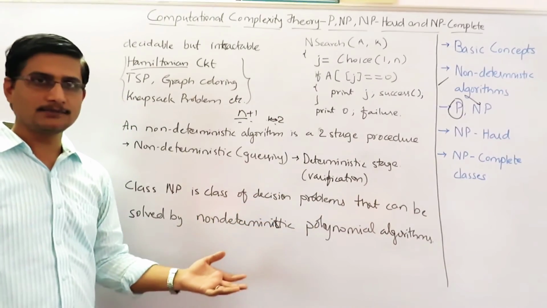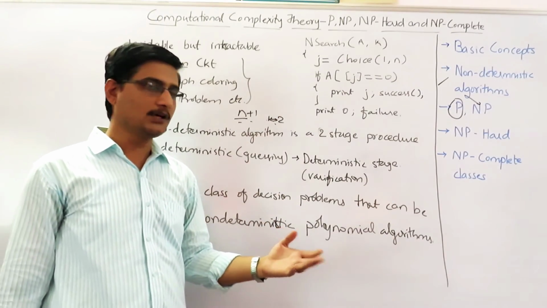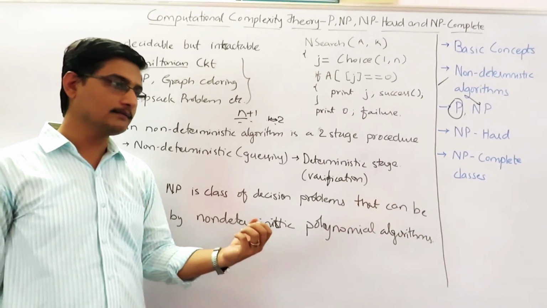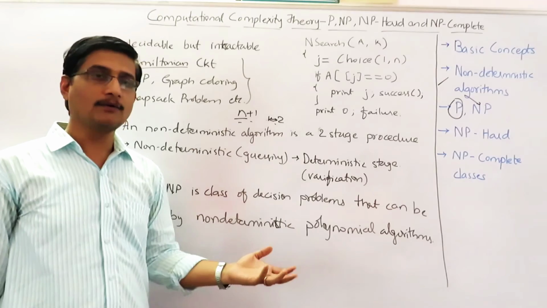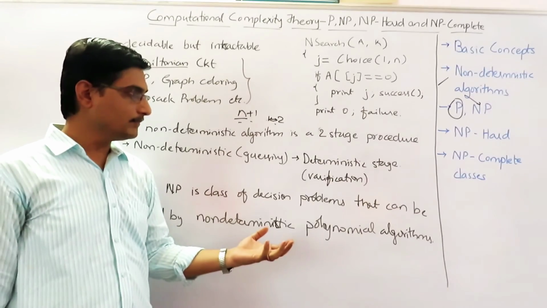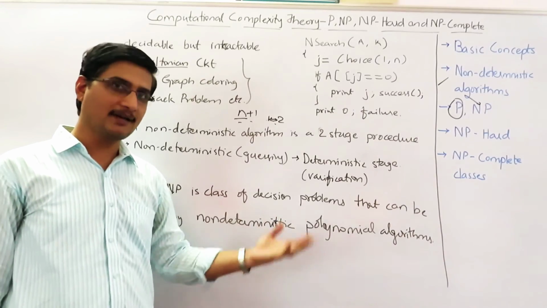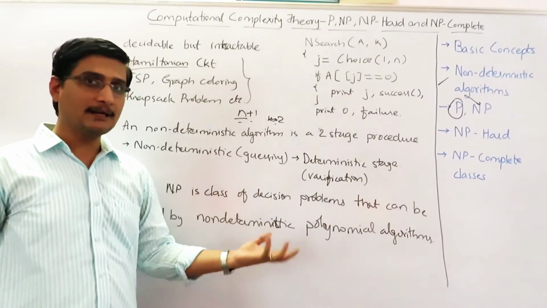All the algorithms we have discussed, like merge sort and quick sort, were not known earlier. Once they started thinking about them they were non-deterministic algorithms, then they became deterministic algorithms.